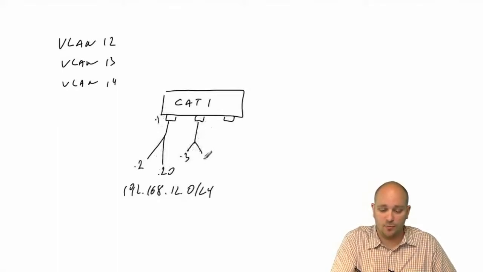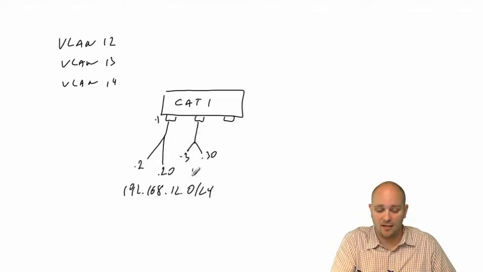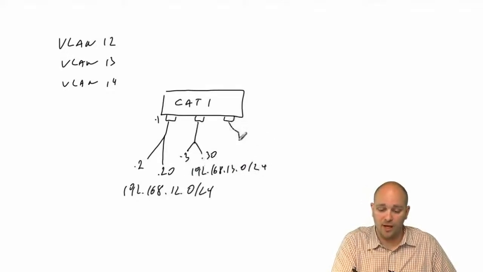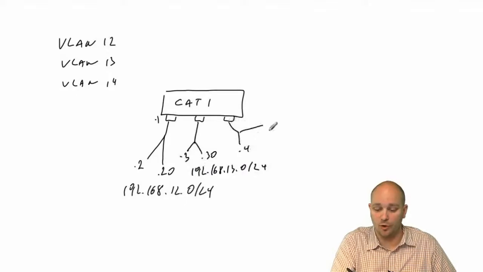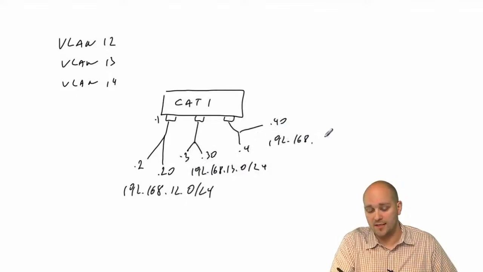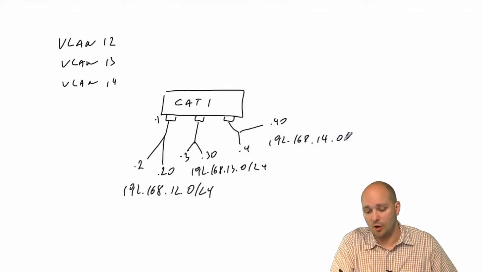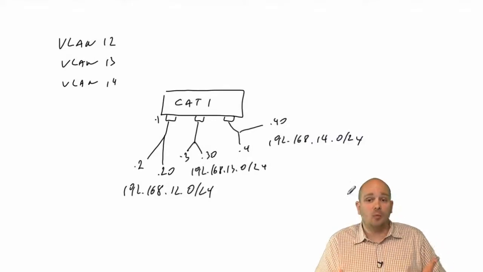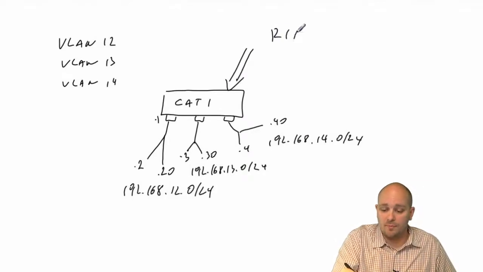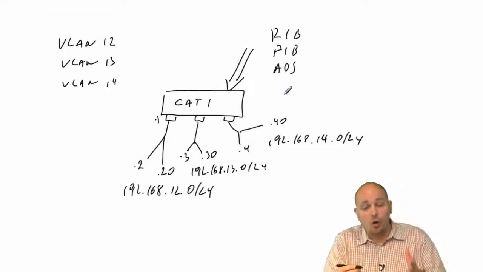I will have devices with 3 and 30, and this is going to be 192.168.13.0/24. And for VLAN 14, I'm going to have a similar setup with 4 and 40, and this is going to be 192.168.14.0/24.